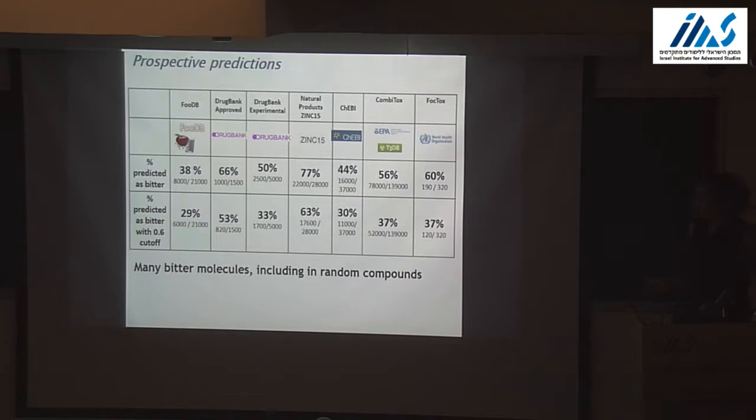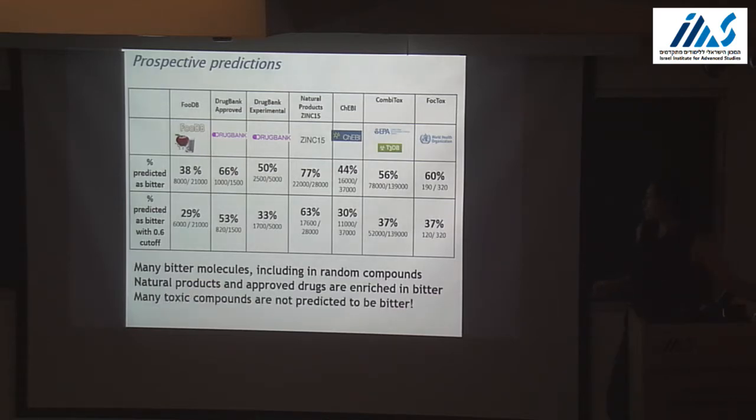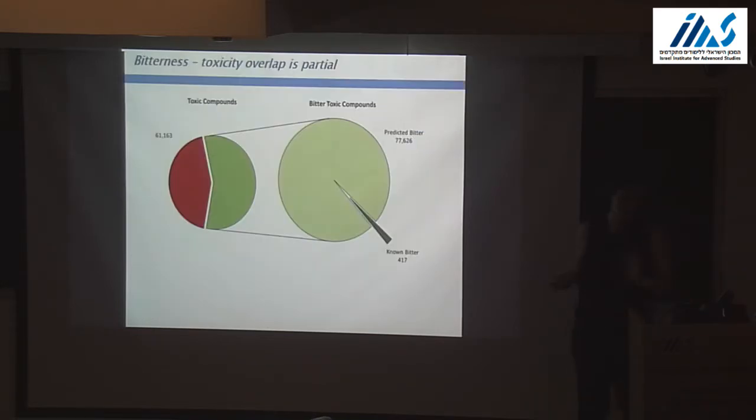So first of all, we know there are still probably a lot of bitter molecules, including in ChEBI, which represents random compounds. But the natural products and approved drugs are enriched in bitter, while many toxic compounds are not predicted to be bitter. So we are also now developing a predictor of intense bitterness, because here it was just a yes or no answer. Is it bitter or not?